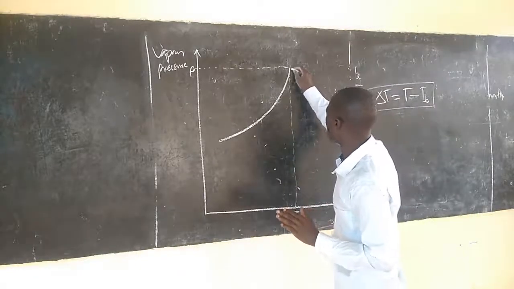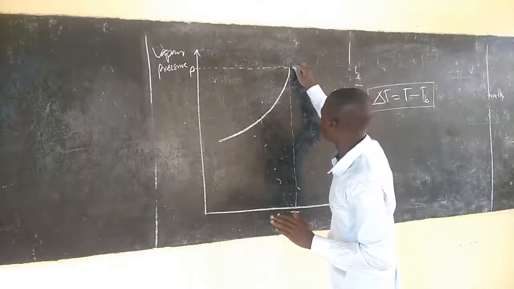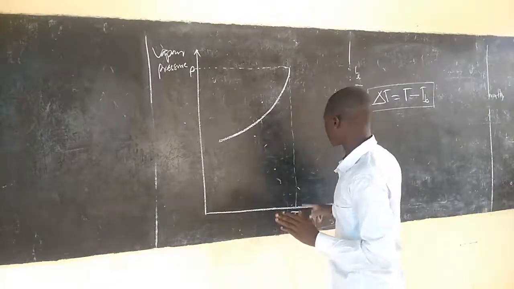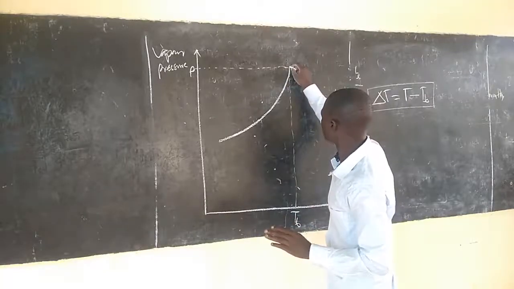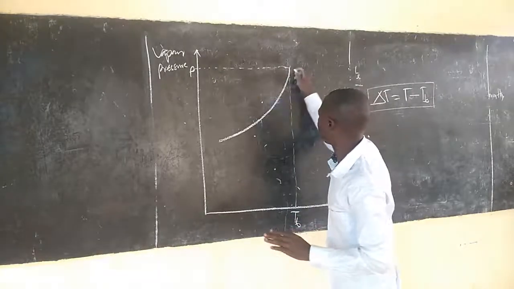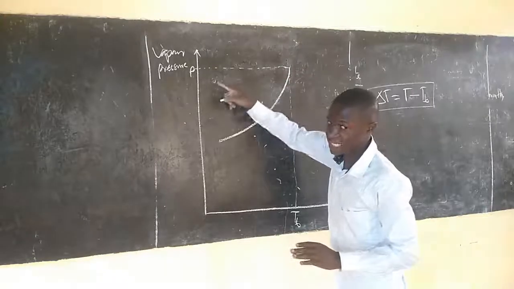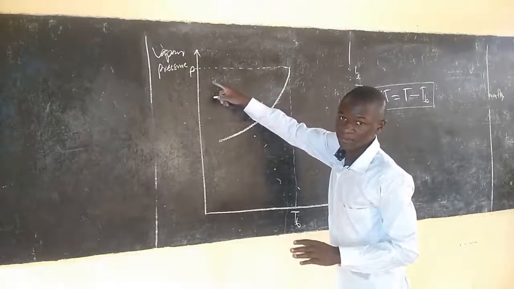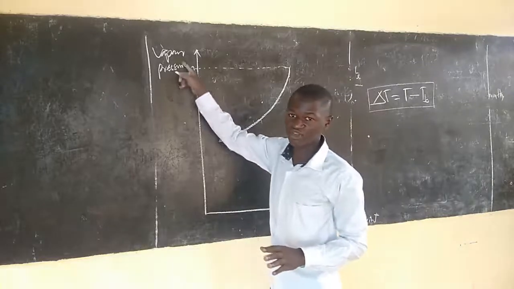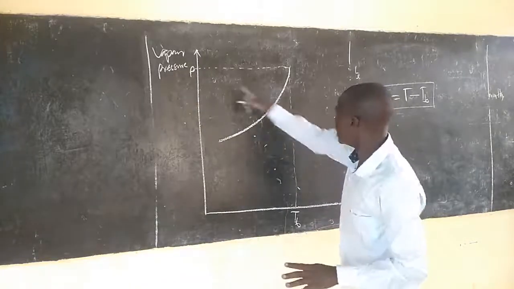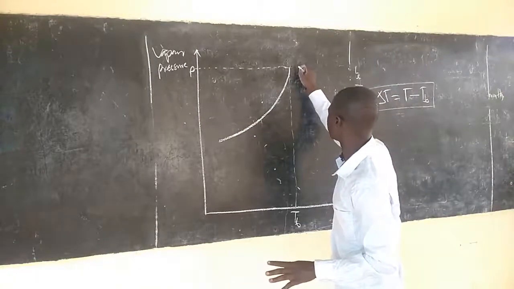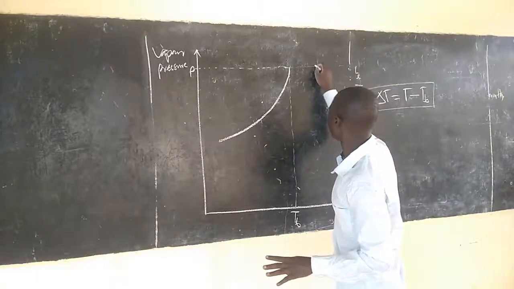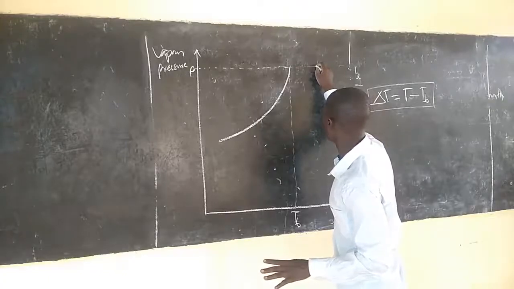Tukiadi solid hapa, maana yake ni kwamba temperature itaongezeka. Pressure ile ya mwanzoni, kama ni sawa sawa na atmospheric pressure, ndio liquid itaboil. Ili tuweze kufikia pressure ile, lazima temperature iongezeke. So tukiadi solid, temperature will increase.